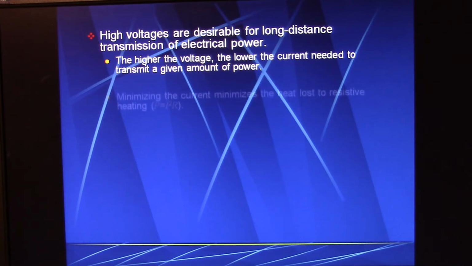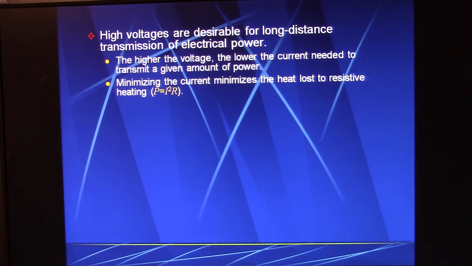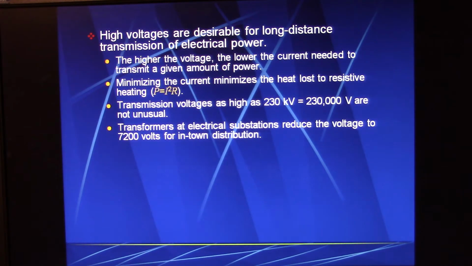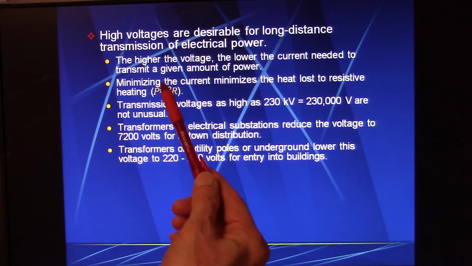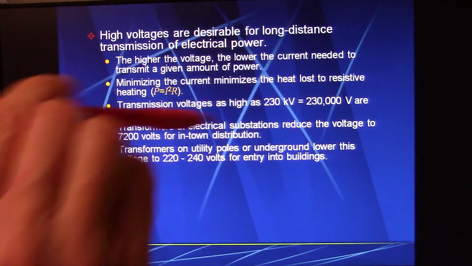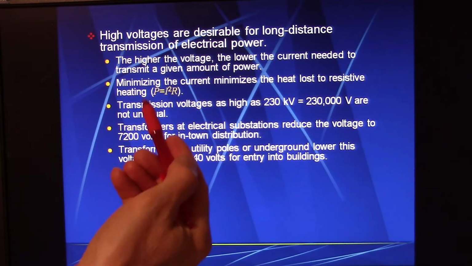Higher voltages are desirable for long distance transmission of electrical power. I talked about that. The higher the voltage, the lower the current needed to transmit a given amount of power. Remember, minimizing the current minimizes the heat loss to resistive heating, because wires have resistance. Those high power lines have wires in them, and they have resistance.